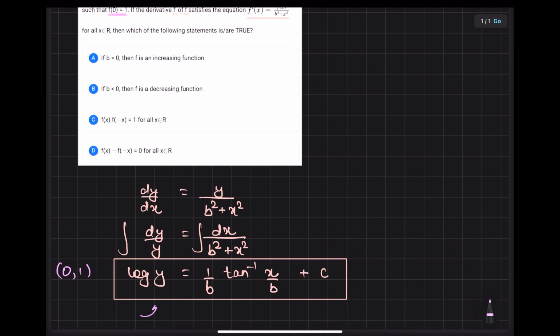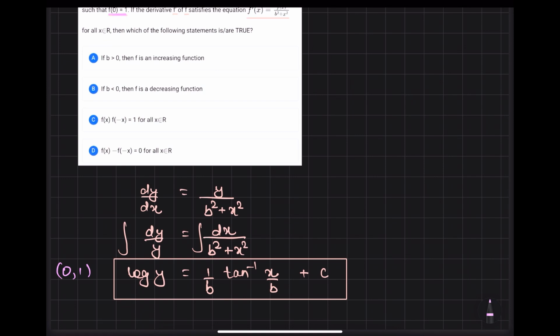So if you write y as 1, log 1 will become 0, so this thing is 0. If you replace x with 0, tan inverse 0 is 0, and it will make everything else 0. Correct? So don't you think you will be left with 0 is equal to 0 plus c. So our function will become what? Log y is equal to this.